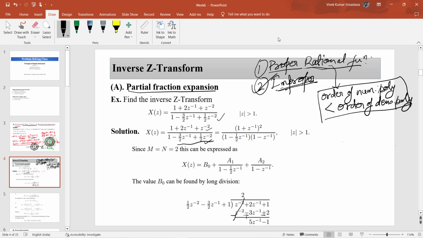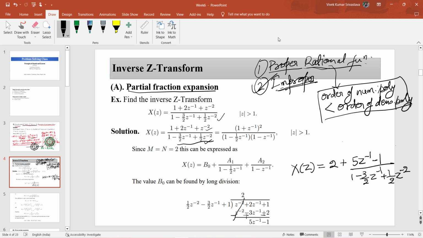So now this X(z) is written as 2 plus 5 z raised to the power minus 1 minus 1 over 1 minus 3/2 z raised to the power minus 1 plus 1/2 z raised to the power minus 2.